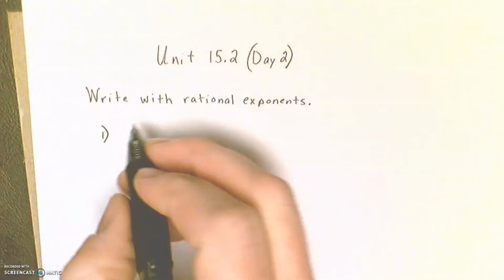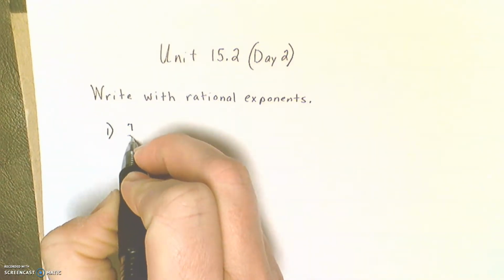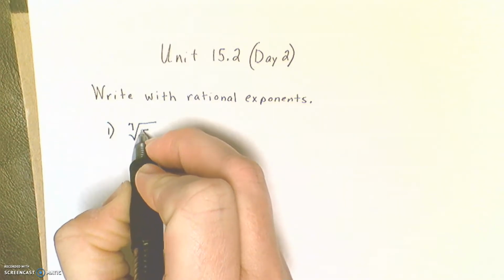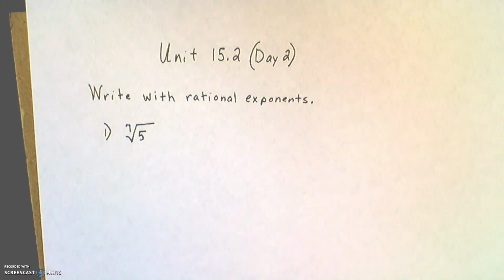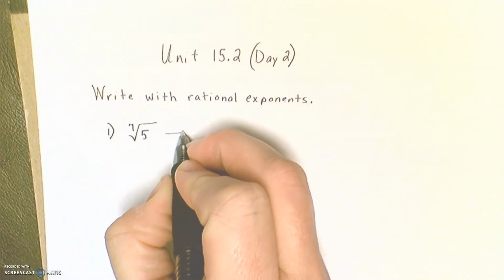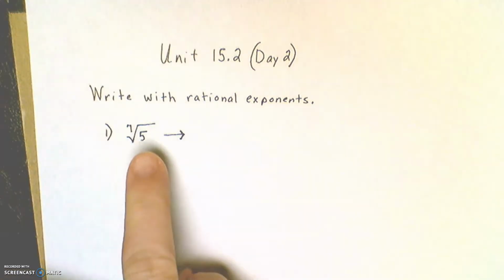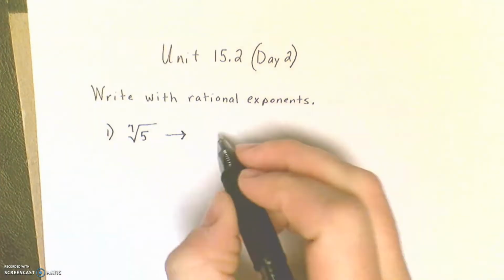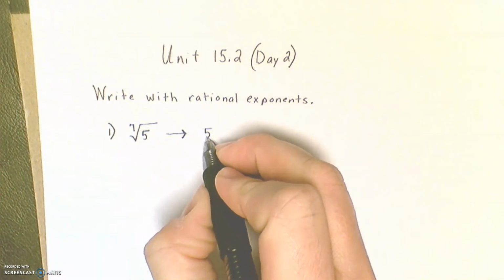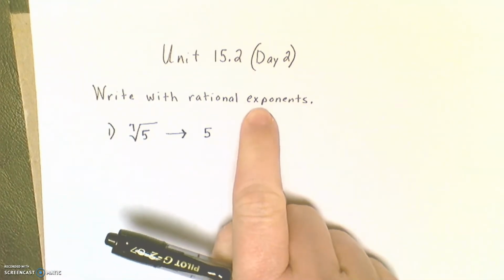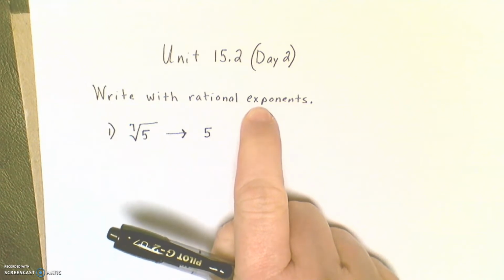Suppose we had the 7th root of 5. So the index is 7, the radicand is 5. When we write using a rational exponent, we're going to take the base, 5, and we're going to write with an exponent.